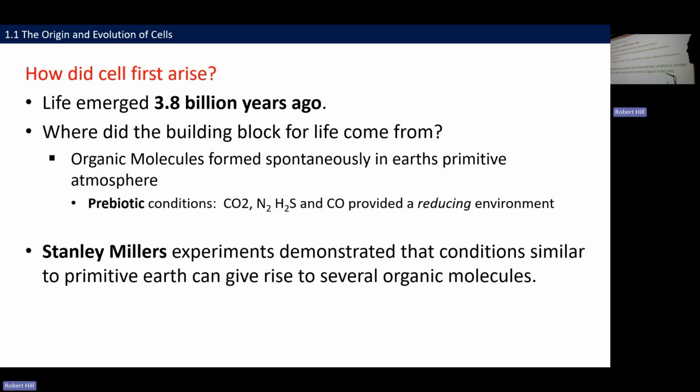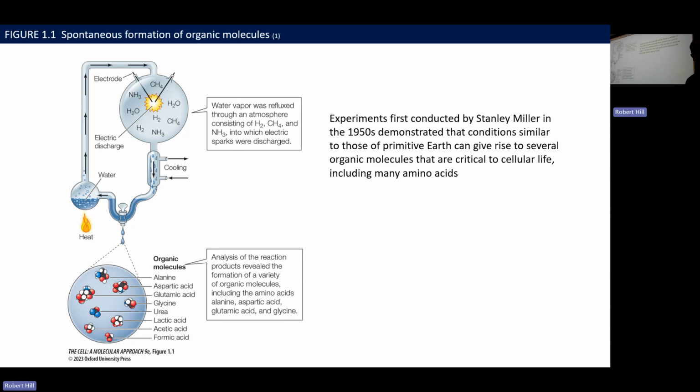A study that was done early on by Stanley Miller, and it's kind of a sloppy experiment in my opinion, but it kind of worked, is he set up this glass apparatus where he mimicked the conditions of the early planet. So he had the inorganic chemicals that were present on Earth at that time.